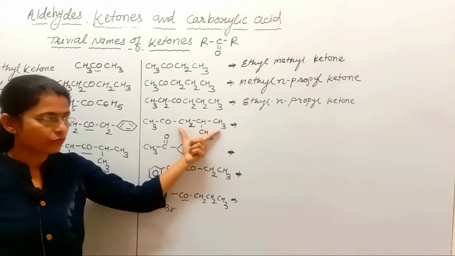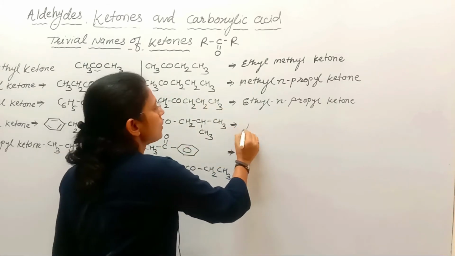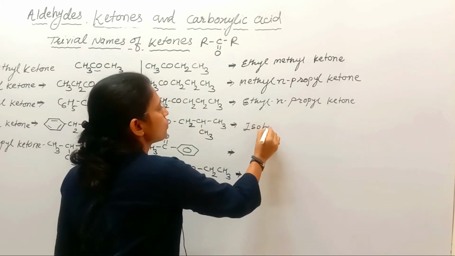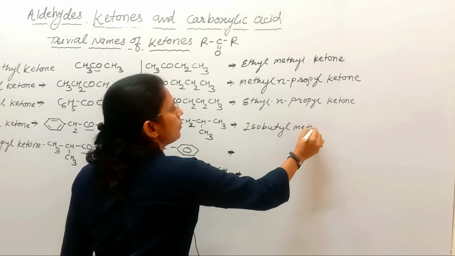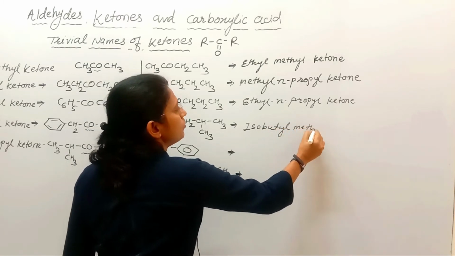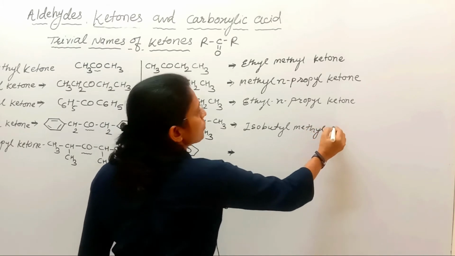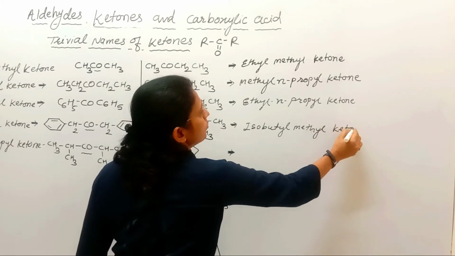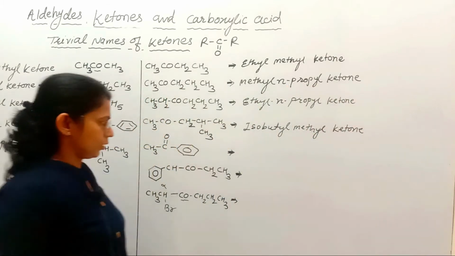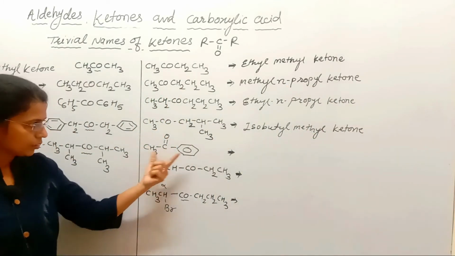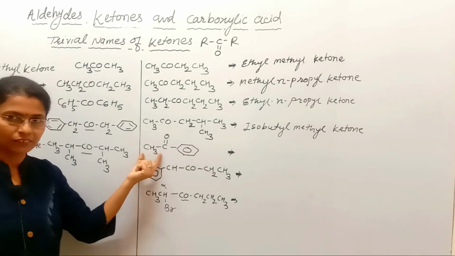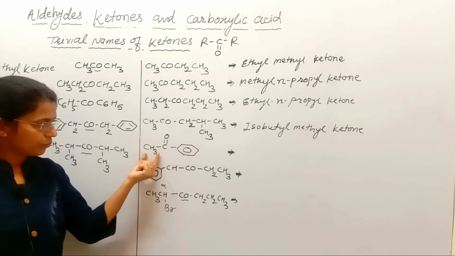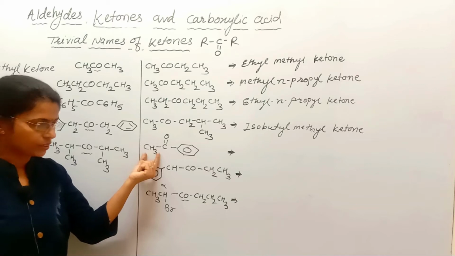Alphabetically this comes first, so the name is isobutyl methyl ketone. Look here, this is a phenyl ring and this is methyl. Alphabetically M comes first.